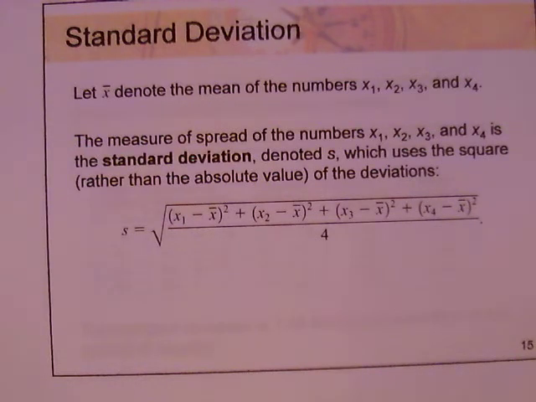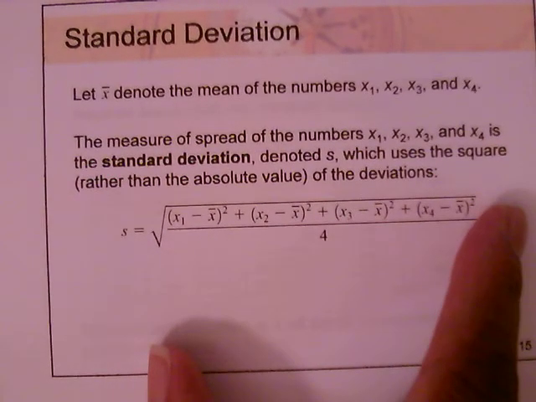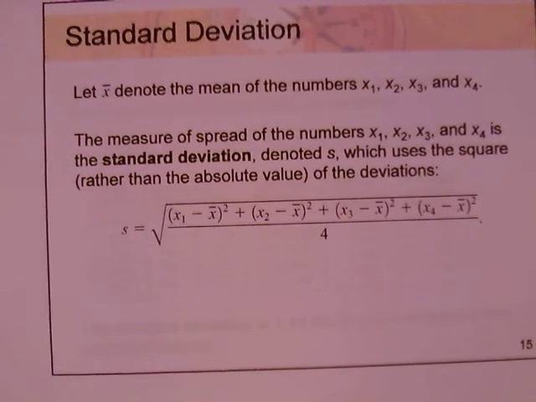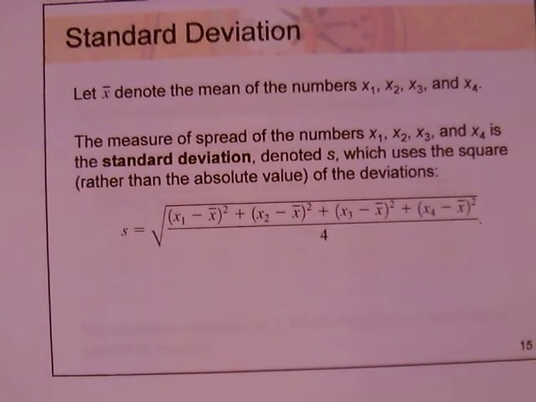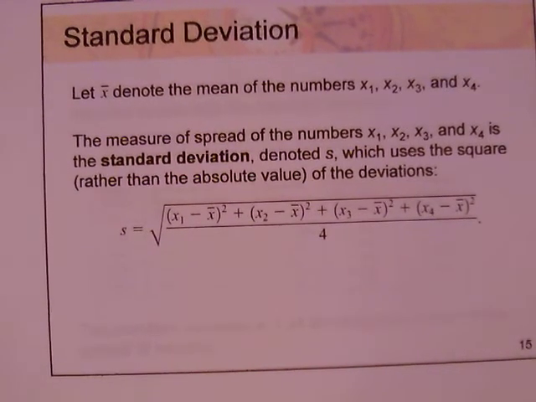Now, this is not just limited to 4 data values. We can use this for more. If there were 5 data values, you'd have 5 differences and 5 squares of the deviations, divided by 5. But for this particular section, we're only dealing with 4 data values.